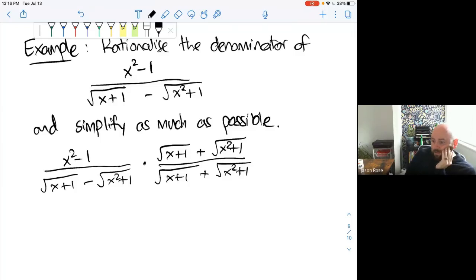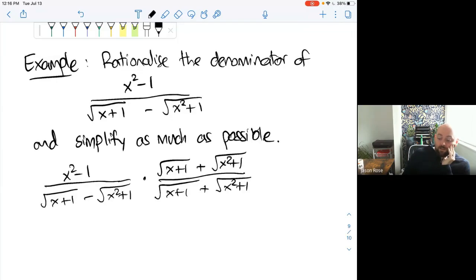Now, how do you know when to multiply by the conjugate? Because I want to rationalize the denominator. If you break down the wording there, I could go all the way back to rational numbers, but a rational number is one that can be written as a fraction. Square roots of numbers can't be written as fractions. So square root 2, square root 3, those are not rational numbers.